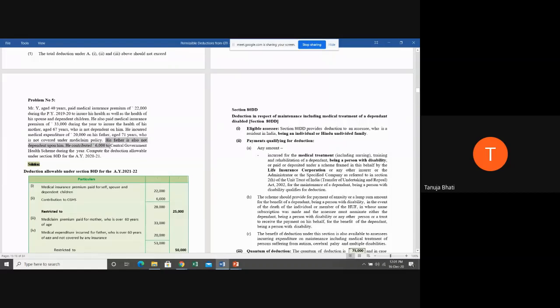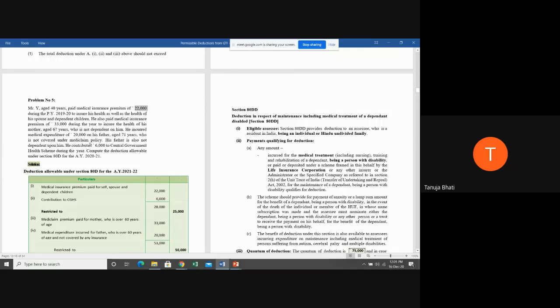Next, his father is also not dependent on him. It's okay. He contributed 6,000 to the Central Government Health Scheme during the year. Now he contributed, that means Mr. Y himself contributed. So again, contribution to the Central Government Health Scheme will form part of deduction under section 80D. So for Mr. Y, what is the limit? 25,000.